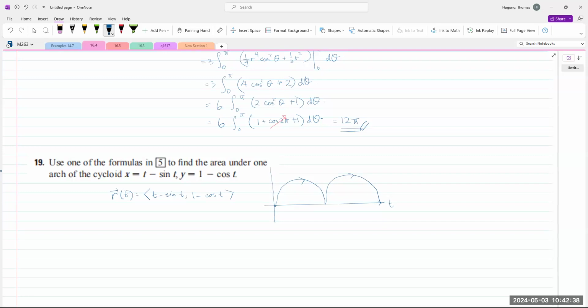Is it right? I honestly don't know though. Okay, one arc, which means the y goes back to 0. Y equals 0 is 1 minus cosine t. So t will be 0 or t equals 2 pi. It goes back at 2 pi. So that's the one cycle.